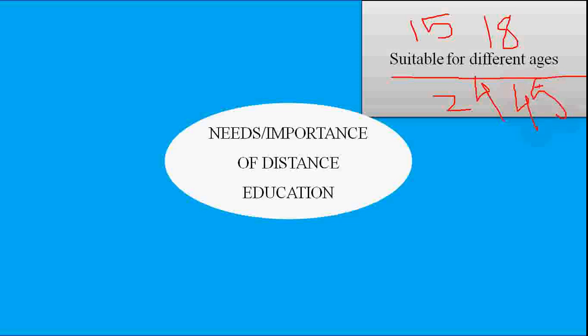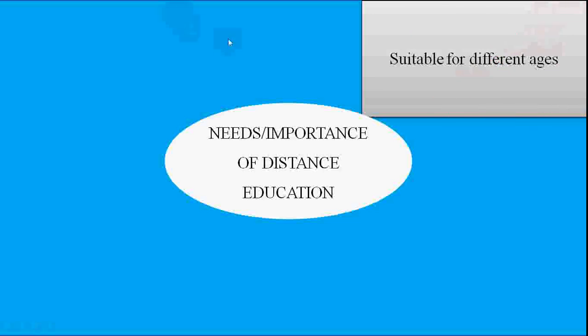According to your age level, when you want to join any course, what we need is a flexible education system, and distance education is the kind of education system that is flexible in case of age, because people of any age group, 15, 18, 24, 45 or 60, no matter, can join these courses.